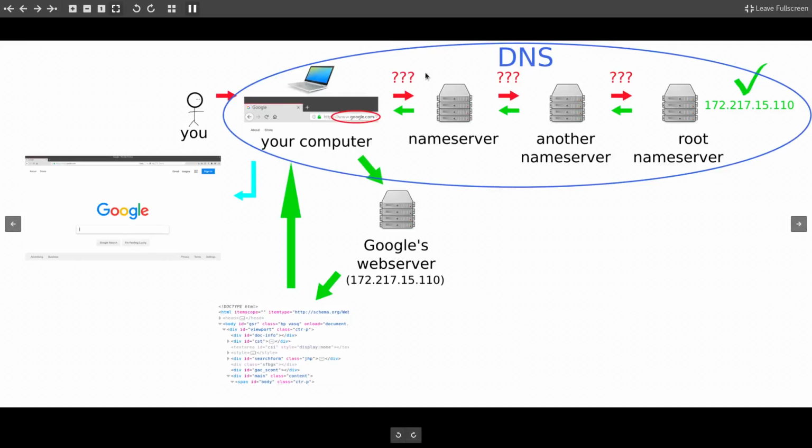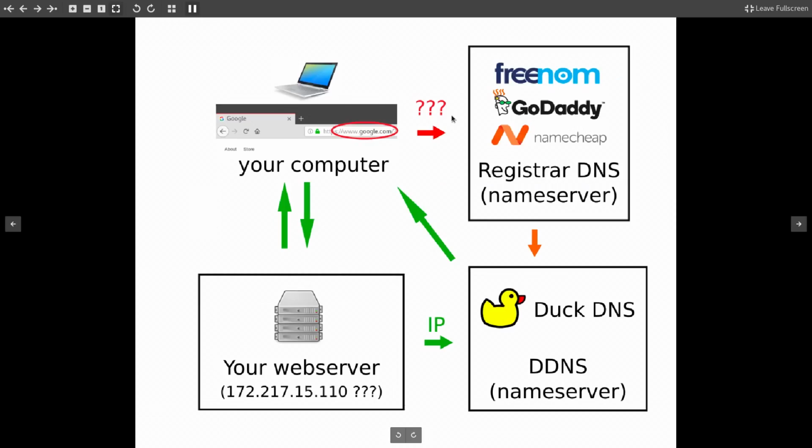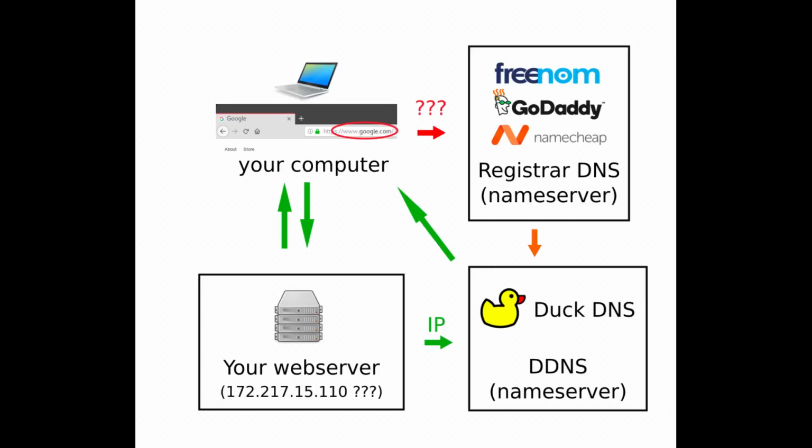And I want to take a closer look at this step right here. So we're starting out with a domain name, and of course your computer doesn't know what it means. And it goes through a long list of name servers until it finally ends up at what's called the registrar DNS.